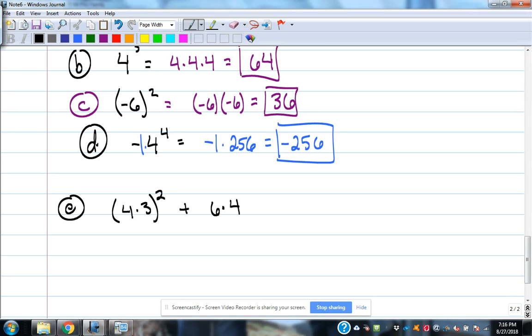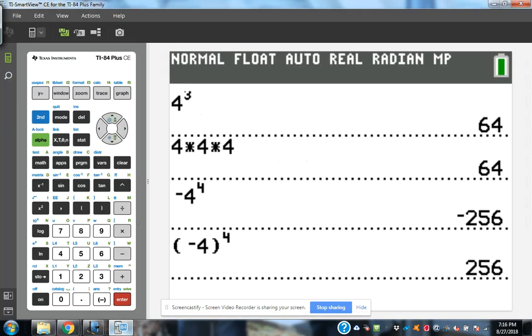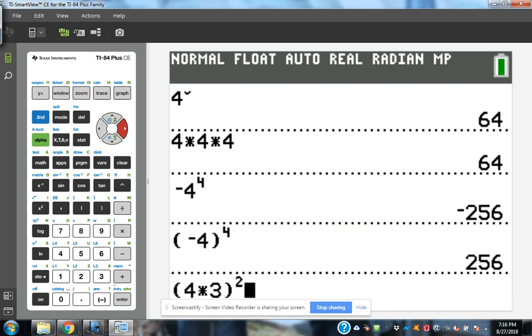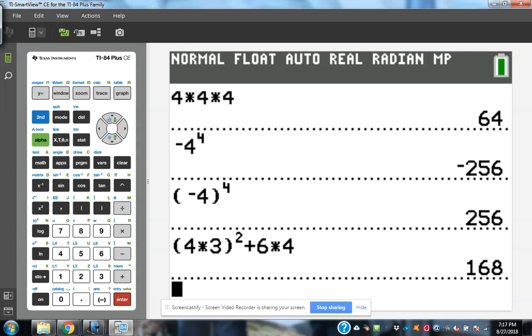Okay. So with the graphing calculators, one of the nice things is that you can just type that problem right into it, exactly like it's written. I could do parentheses 4 times 3, close parentheses, squared, plus 6 times 4. 168.